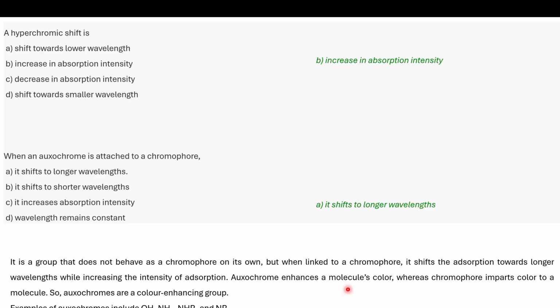So, an auxochrome enhances a molecule's color, whereas a chromophore imparts the actual color to a molecule. Auxochromes are helping groups, mainly color enhancing groups. Some examples are OH, NH2, NH, and N with only two functional groups attached. These are different groups that can behave as auxochromes.